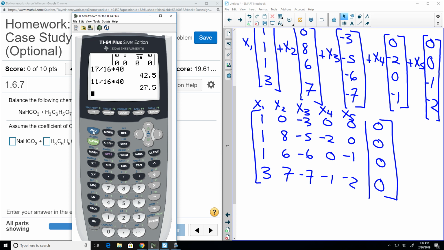And I'm just going to put this in my calculator. We'll call it B this time. So B is 4 by 6. That one's not right.